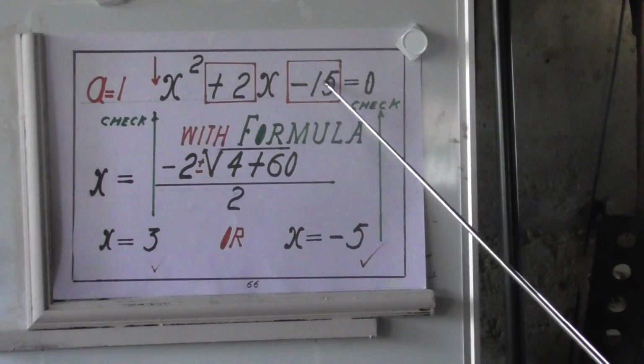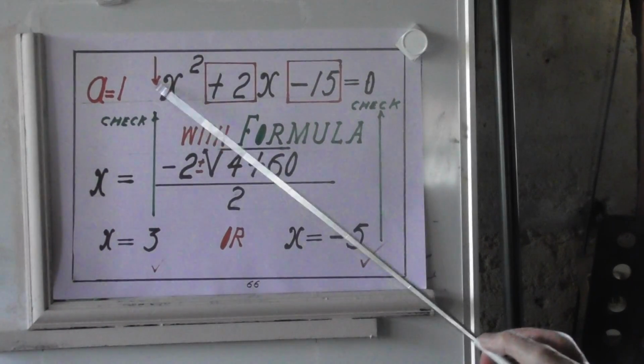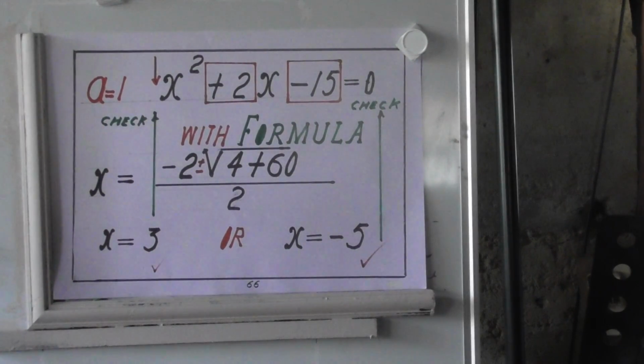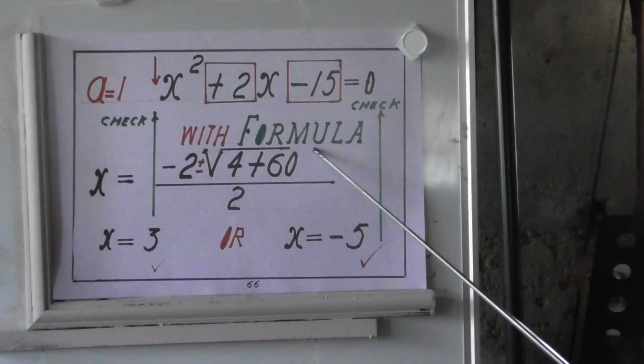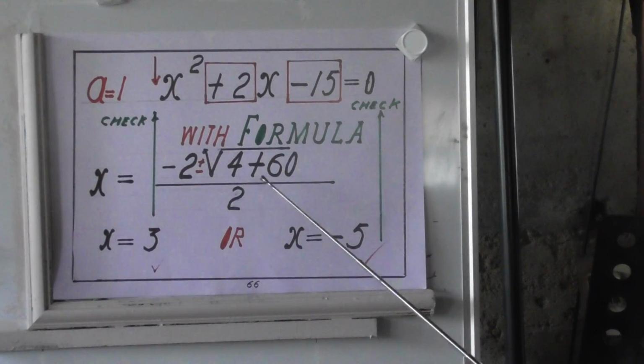This is the one we did before with trial and error, because a is 1. So x, we start with this line and we do the square root sign and we do the 1, 2, 3 negatives, and we're going to fill in.